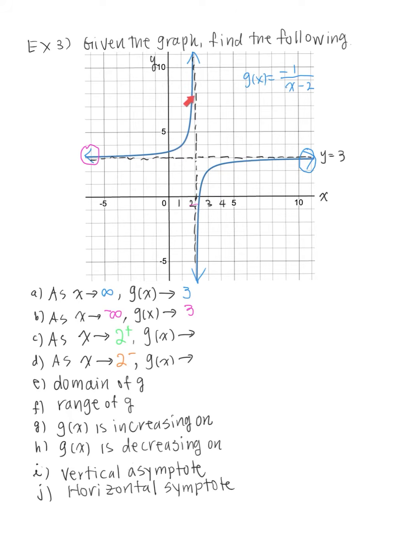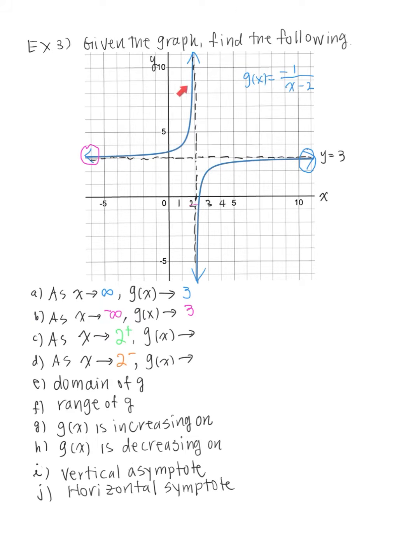Part C, as x approaches 2 from the right, g of x goes to where? So here is the vertical asymptote, x equals 2. Now x is approaching 2 from the right-hand side. Those of you who get confused because you have two different pictures in one graph, just take one graph at a time. If I approach 2 from the right, which graph are we looking at? This graph here, or this graph? It's going to be the graph in quadrant 4.